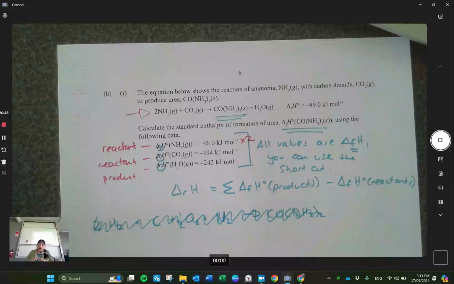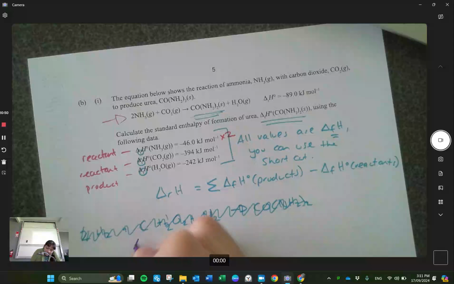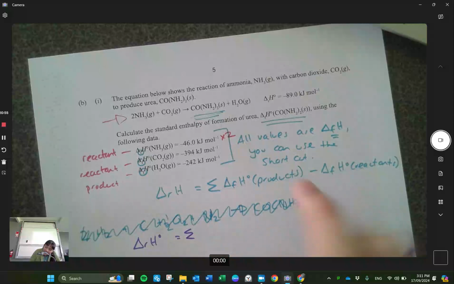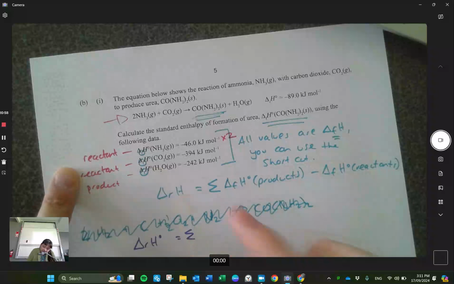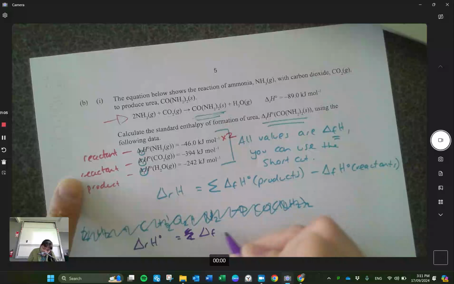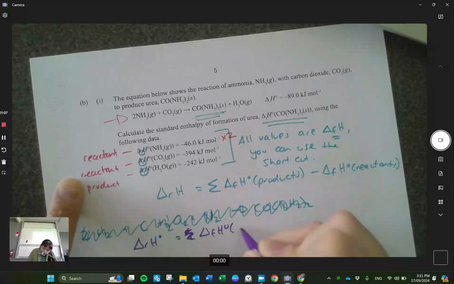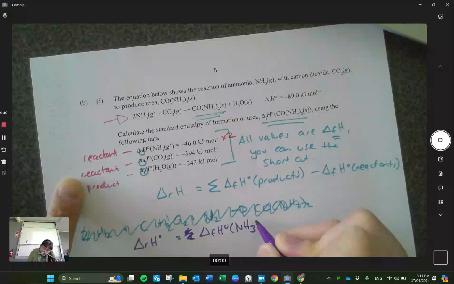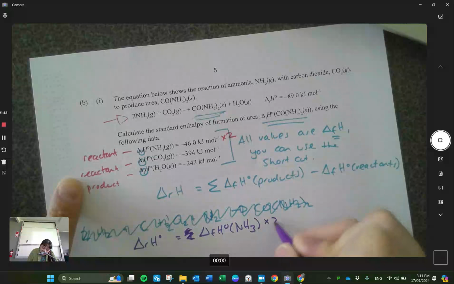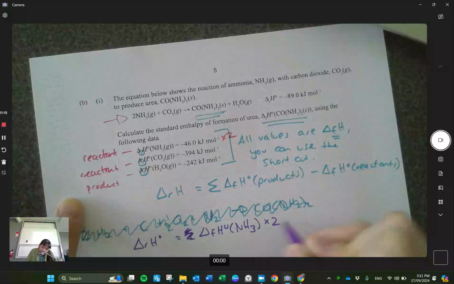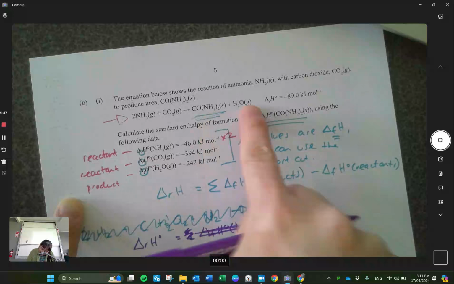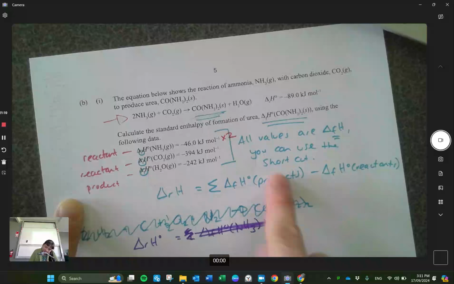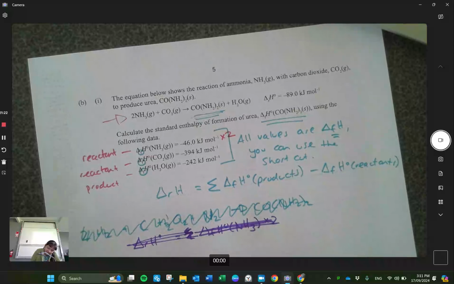So I have delta RH is equal to the sum of my products. Let me start over. Products is on that side. Actually, let me move this out so we have more space.